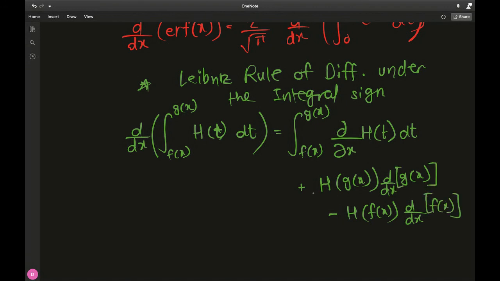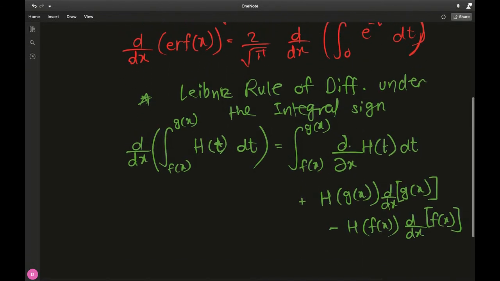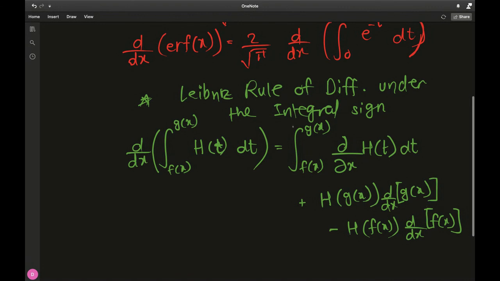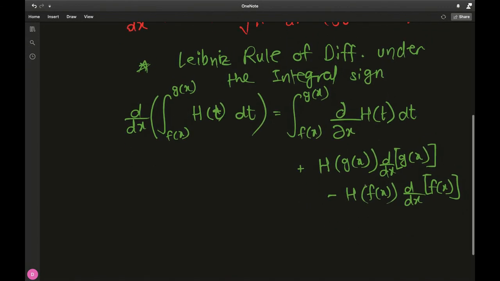And this is actually the entire essence of the Leibniz rule method when we are integrating non-elementary integrals. It's just that in those cases, the upper and lower bounds don't depend on x. So these plus and minus terms without the integral sign actually go to zero, because the derivative of a constant with respect to x is zero.